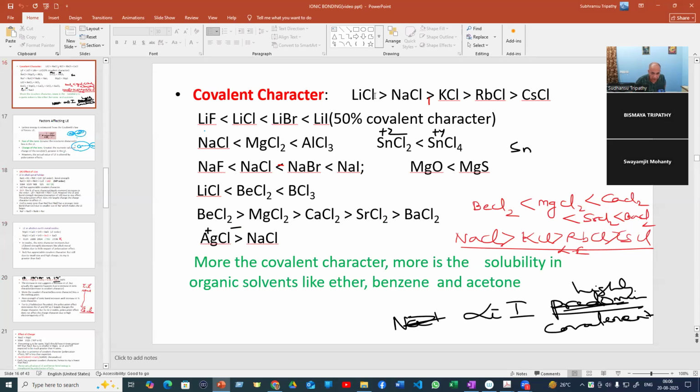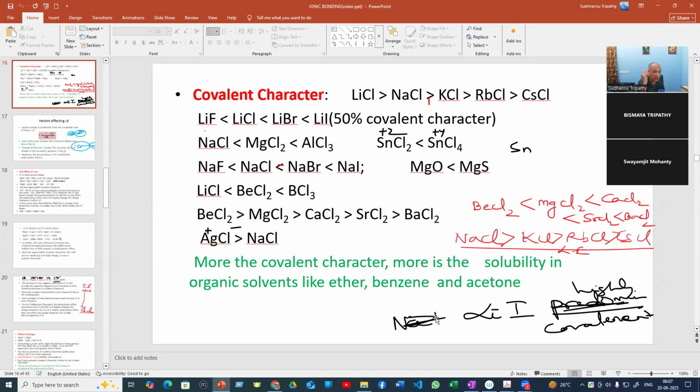I'm showing you some more examples here. See, I have given only covalent nature. Beryllium chloride is most covalent, because of Be2+; this is Mg2+, a larger size.